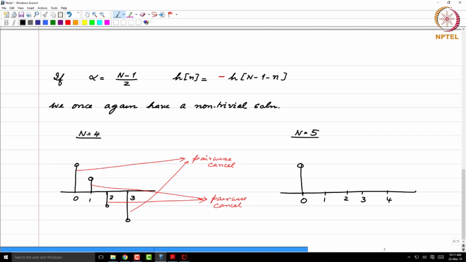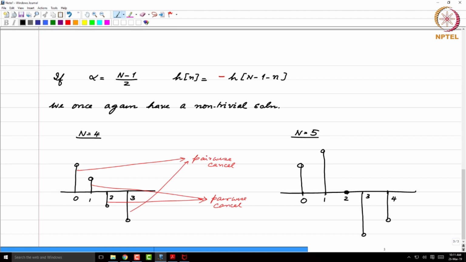So, if this were h of 1, h of 3 has to necessarily be like this, and if this were h of 0, h of 4 has to necessarily be like this. And remember, now we have an odd symmetric sequence, and if you have an odd symmetric sequence about a certain point, at that particular point the sequence value has to necessarily be 0.